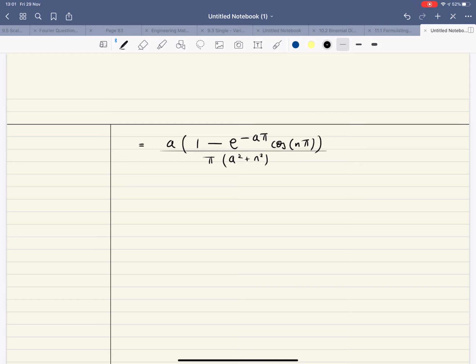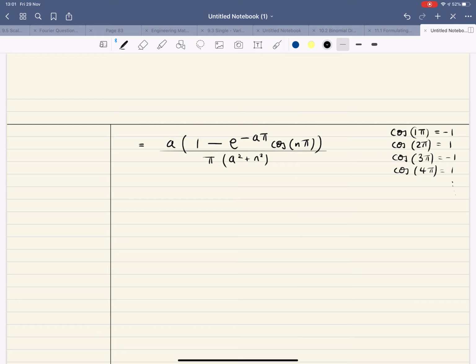Now, what we've got here is, cos of 1 pi is minus 1, cos of 2 pi is 1, cos of 3 pi is minus 1, cos of 4 pi is 1, etc. Odds are minus 1, evens are plus 1, multiples of pi that is.